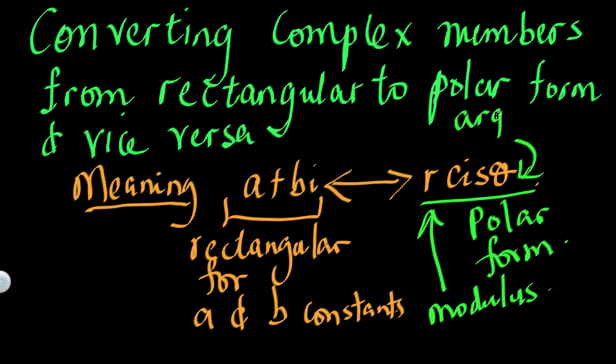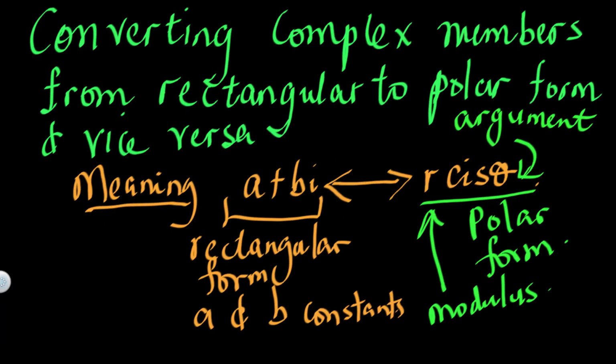It is an angle. So if you are converting from the rectangular form to the polar form, you are simply finding R, the modulus, and theta, the argument. I'm going to explain how you do this.